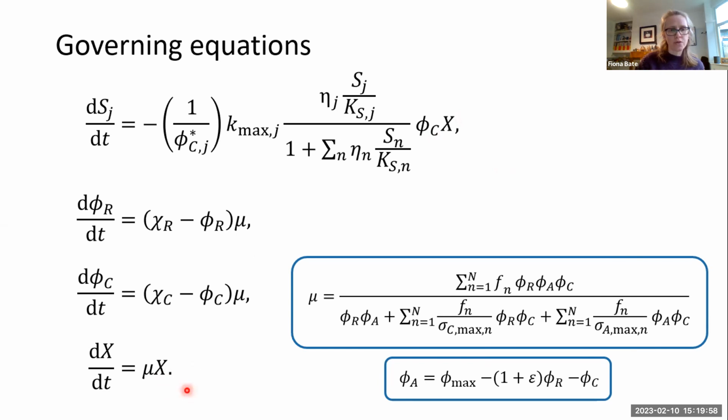So the growth rate is not proportional to substrate uptake rate, which means that you can model the slower growth which occurs during a lag phase. And all of the phases of growth emerge from the structure of the proteome in this model. We don't have to switch things on and off, changing growth rates at a given time.